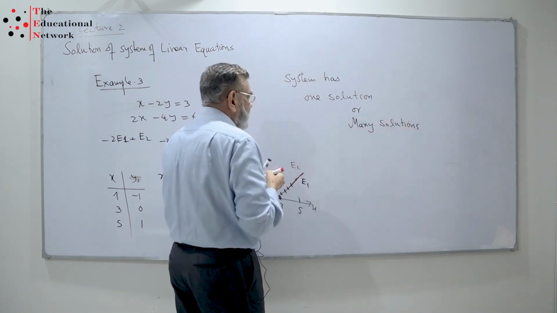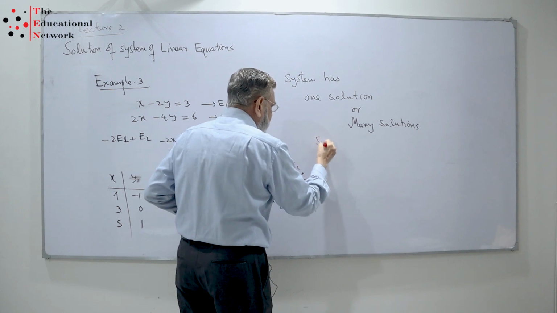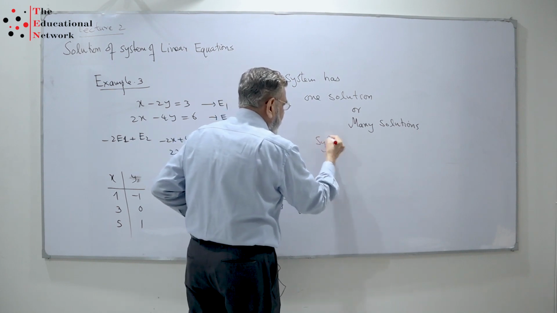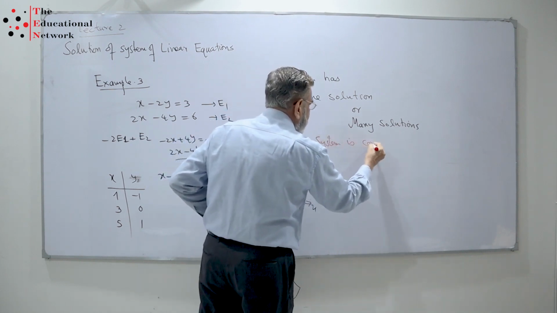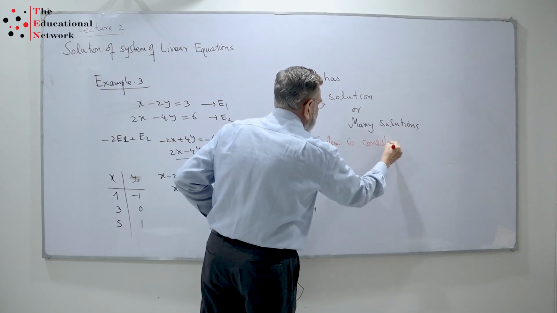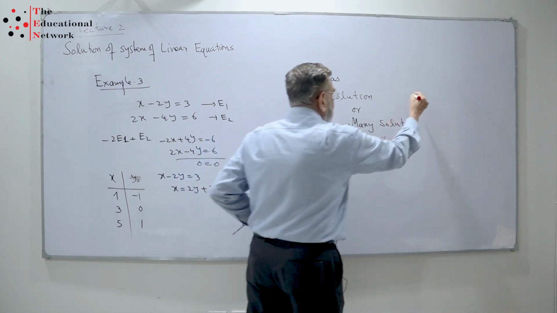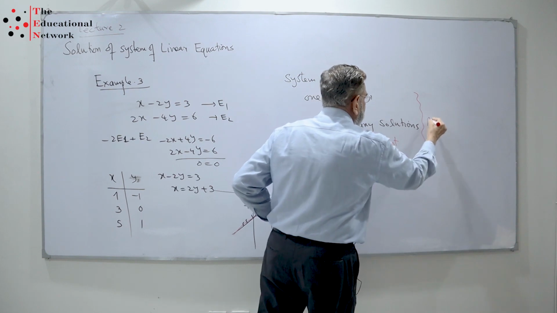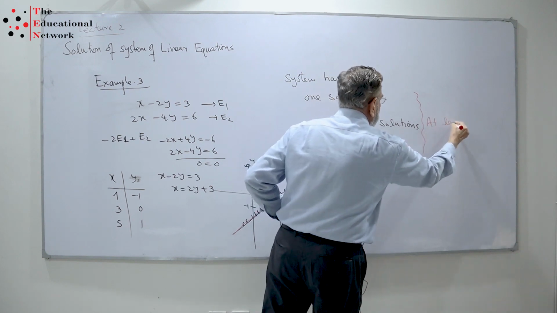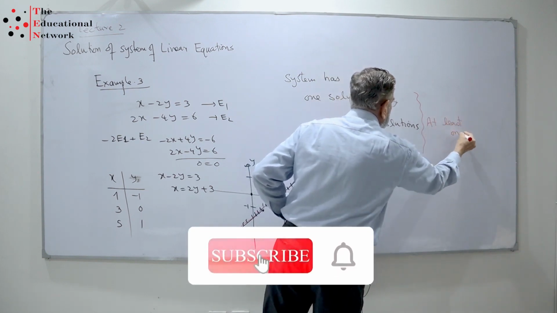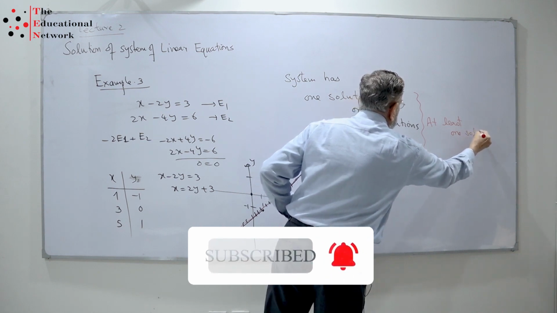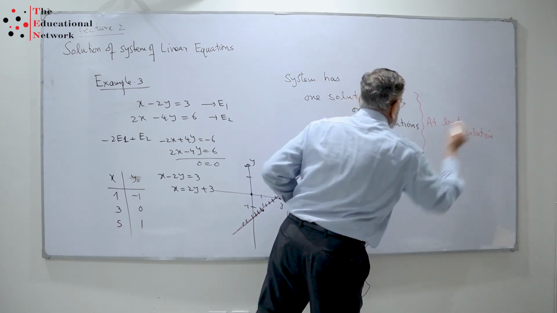Here the system is consistent. It has many solutions. We say at least one solution. That means the same: one solution or many solutions.